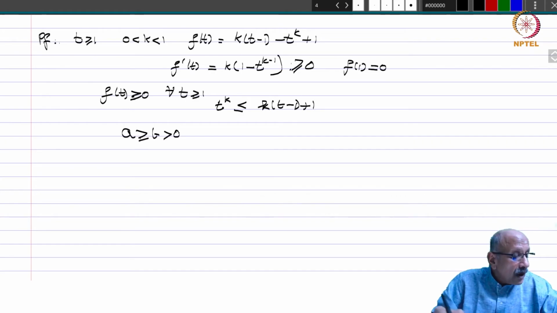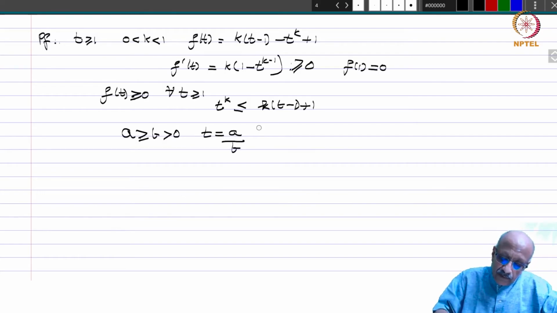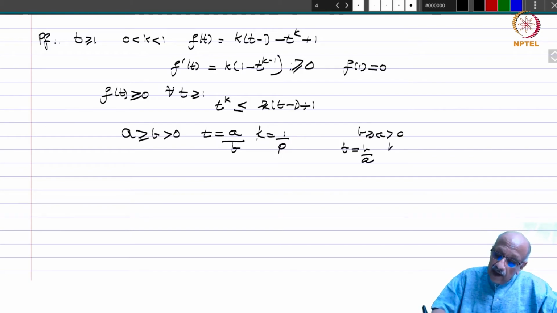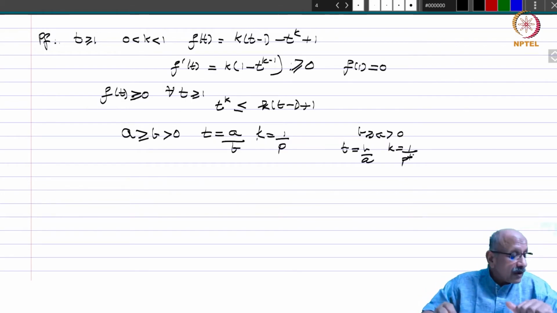Then I put t equal to a/b and k equals 1/p. If I substitute in this, using the fact that 1/p + 1/p star equals 1, then you get the inequality which we wanted. If b is bigger than a, then of course we put t equal to b/a and k equals 1/p star, and again you will get the inequality. So this inequality is proved.